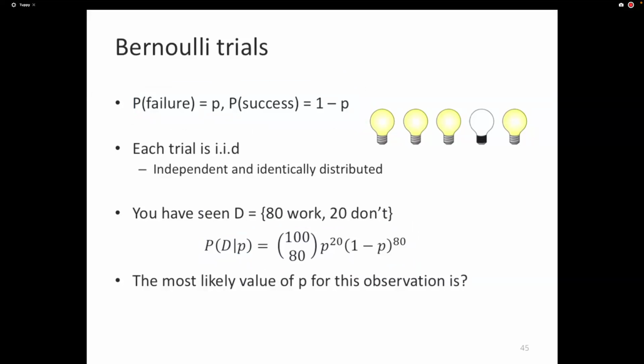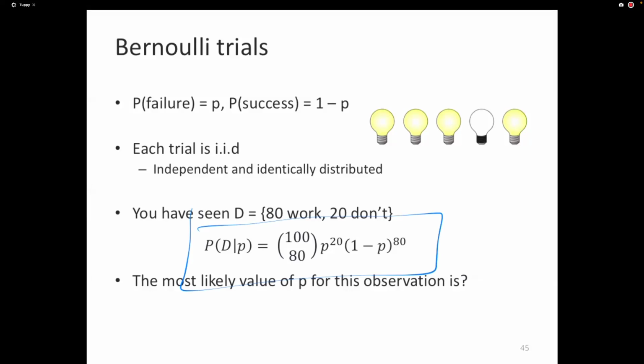And now the question is, what's the most likely value for this observation? The way to think about that is, notice that the right-hand side there is a function in P. Our goal is to find the hypothesis, in this case the number P, that maximizes that value. We know how to maximize functions.